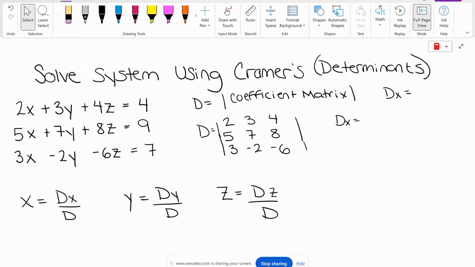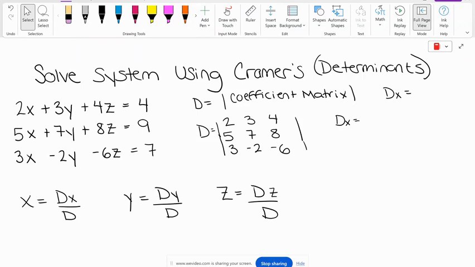What's D sub x? Abby? Oh, just tell me what we're replacing. We're replacing the x column. Yeah, so we're replacing this column, the x column, with the answers.